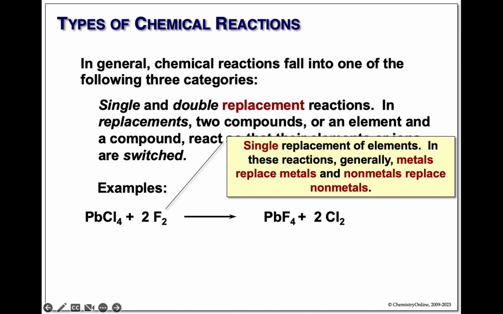We are going to react those, and we will make an element and a compound. However, note the fluorine has replaced the chlorine. They're switched. There's a general rule for single replacement reactions. Metals will replace metals, so something could replace the lead. Nonmetals replace nonmetals. The nonmetal fluorine replaced the nonmetal chlorine.